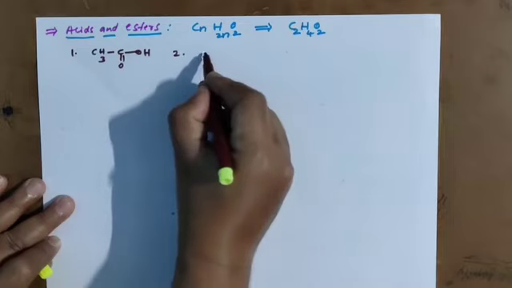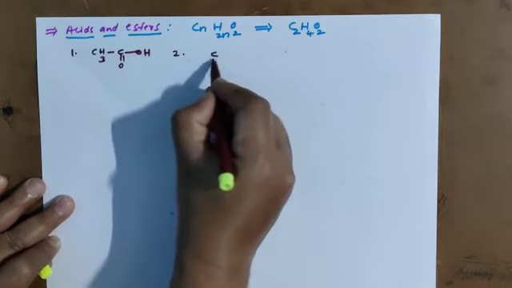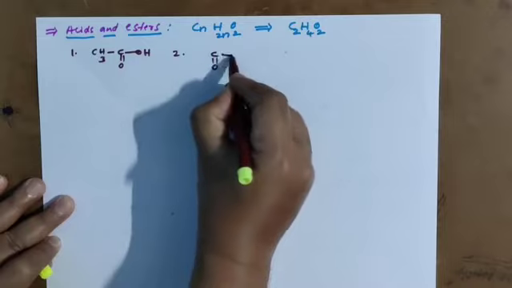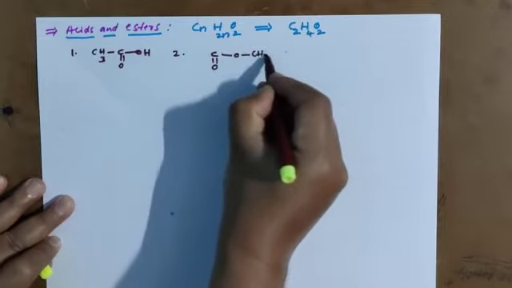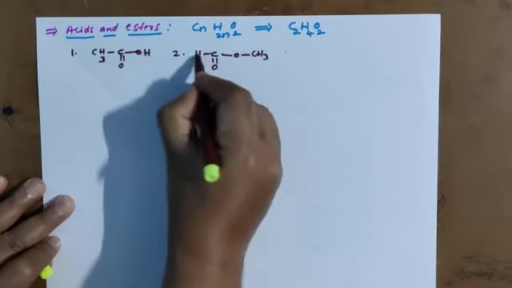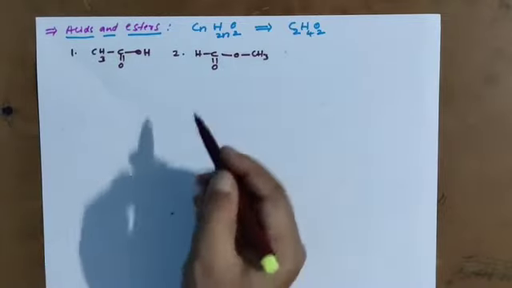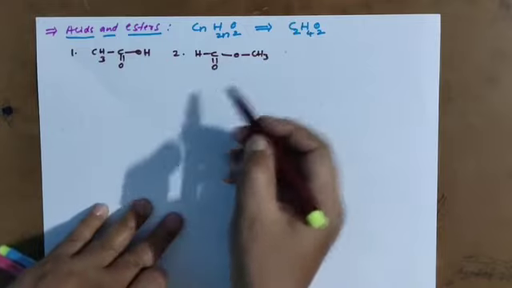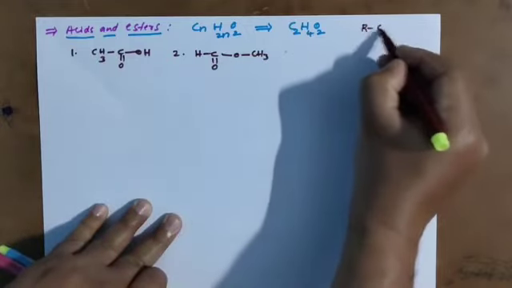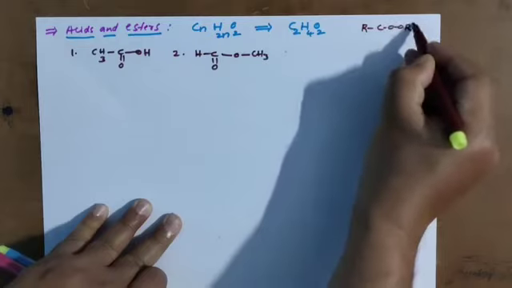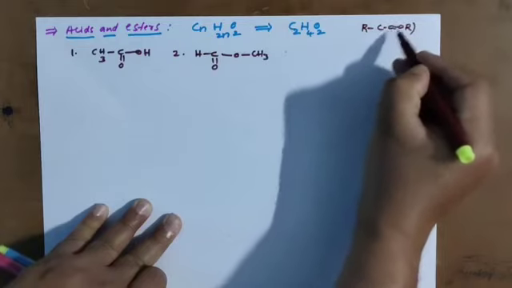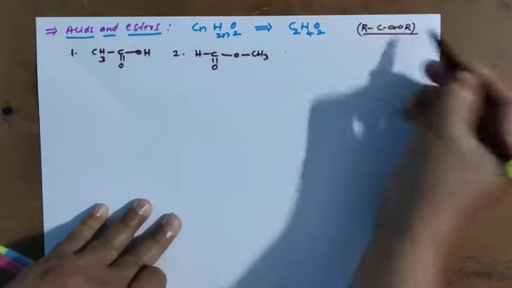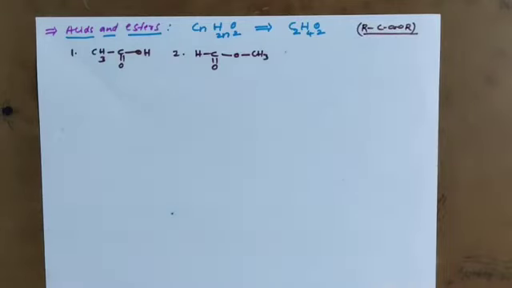With this we can write it like this: H, C double bond O, bond CH3, bond H. This we call RCOOR, the esters. So these two are now functional group isomers.